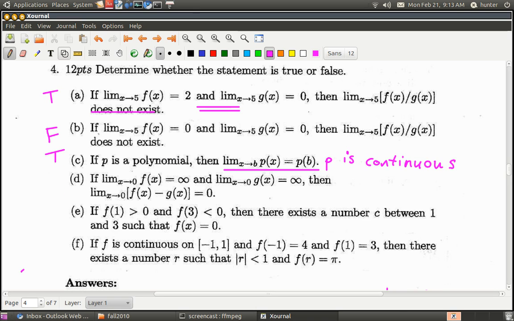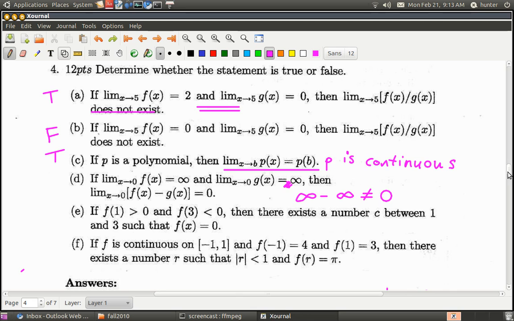Okay, and now for D it says if the limit as x goes to 0 of f is infinity and the limit as x goes to 0 of g of x is infinity, then the limit of the difference is 0. And so in fact infinity minus infinity is not 0. So there's no real number infinity, but it's kind of true that infinity minus infinity is not 0. In fact, infinity minus infinity can be whatever you want.